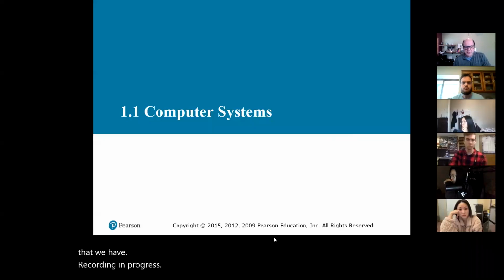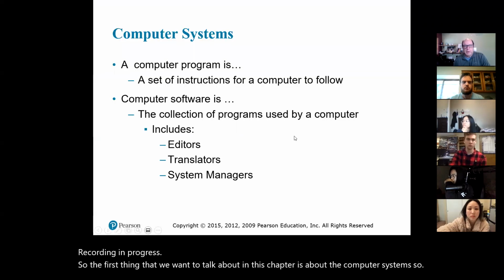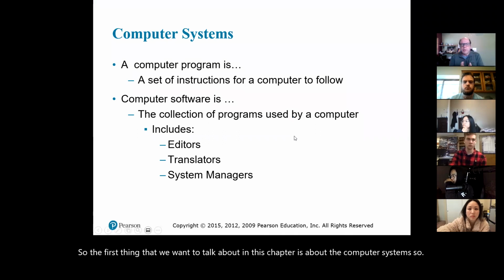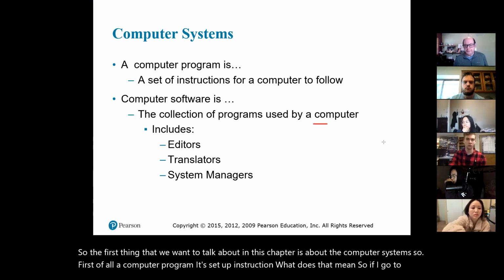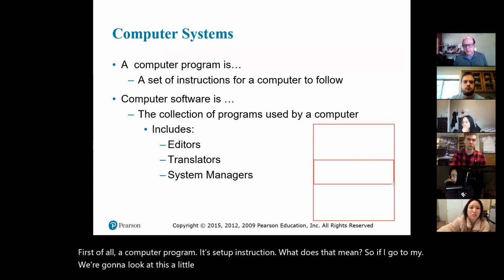Okay, so the first thing that we want to talk about in this chapter is the computer systems. First of all, a computer program is a set of instructions. What does that mean? We're going to look at this in a little more detail as we go forward.